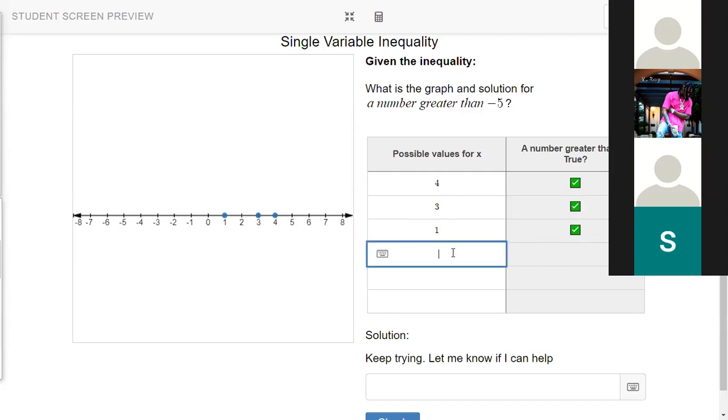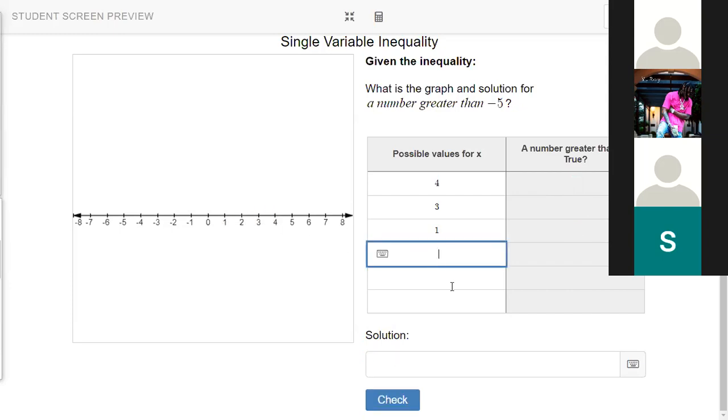What are some numbers not greater than -5? We're going to check ourselves, we're going to see that these graph. What are some numbers that are not greater than -5? What do you think, Jaisha?